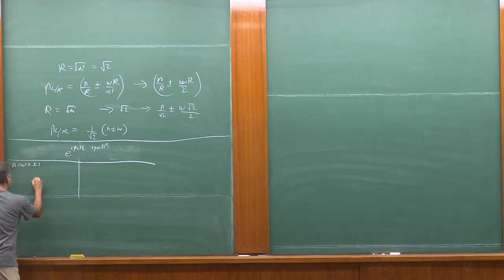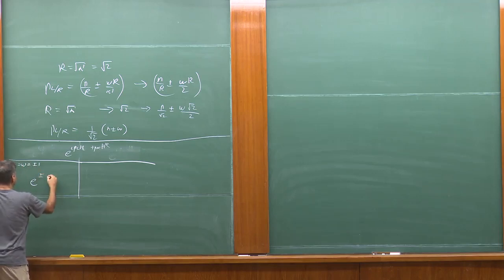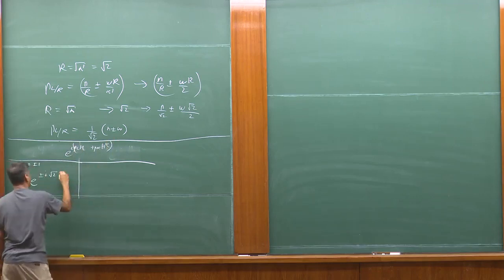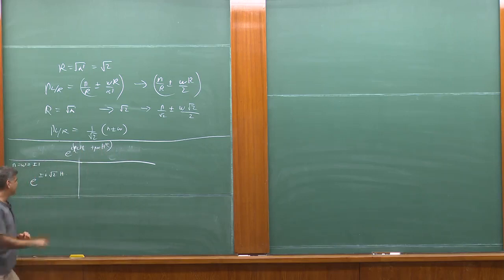This vertex operator is e to the power plus minus i square root 2 H, where this H is HL, the left moving part of it. Is this clear?